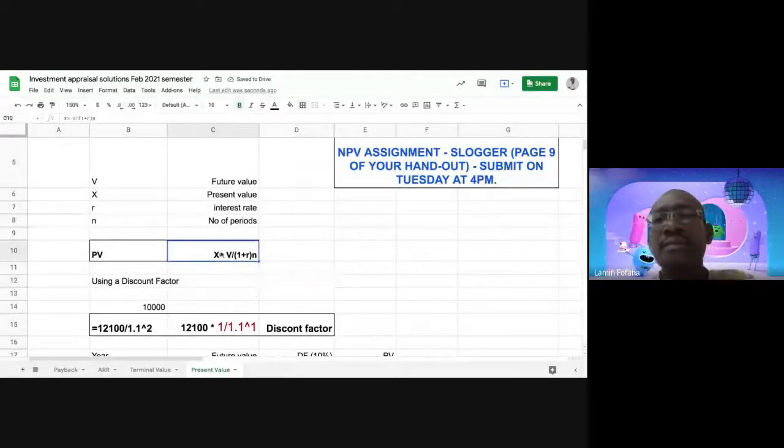Yes. All right. Yes, we've gone through it. X, of course, is what? The present value, which we are looking for, is equal to V, which is the future value, divided by 1 plus r raised to power n.